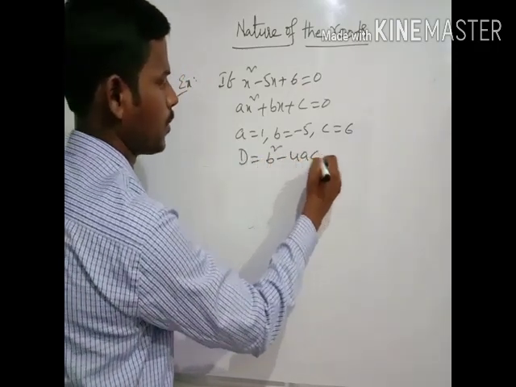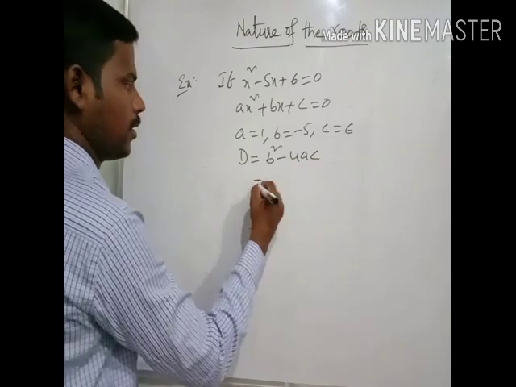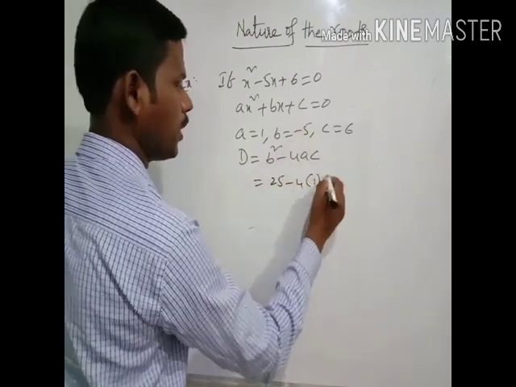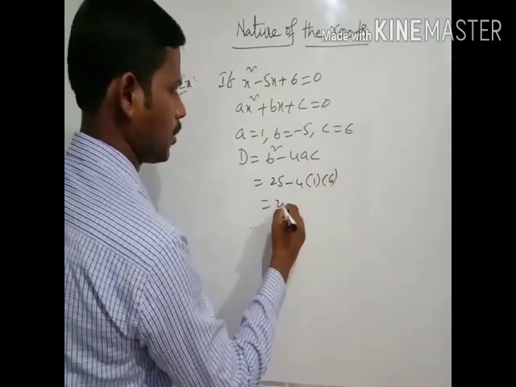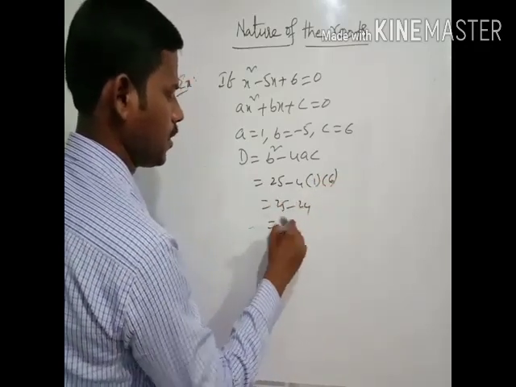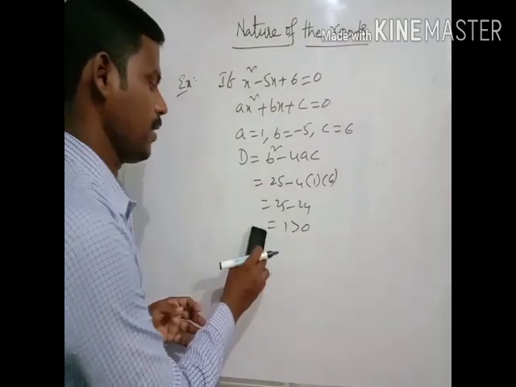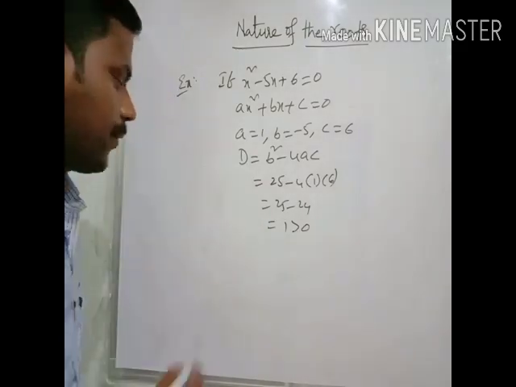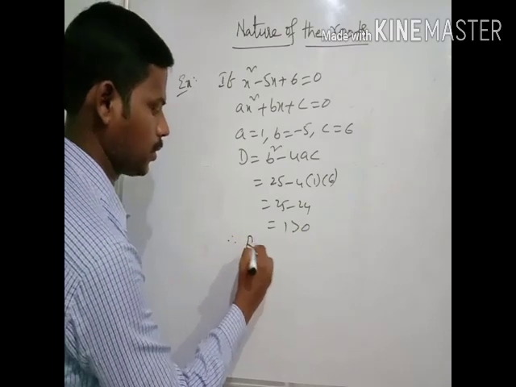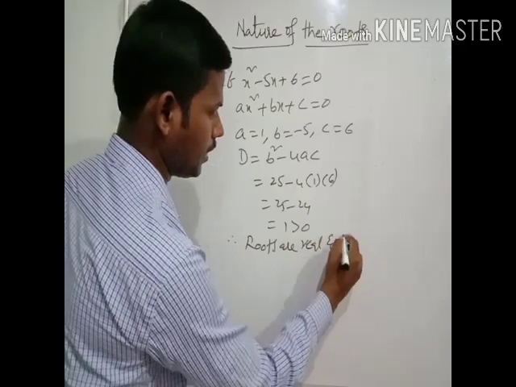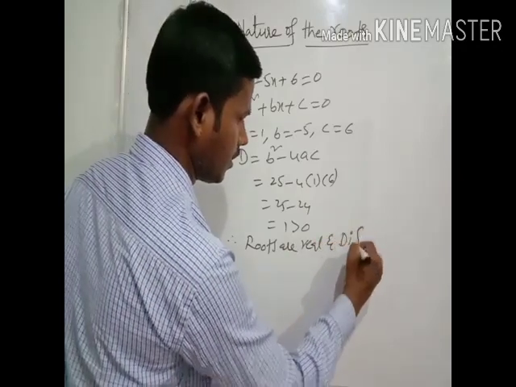D equal to b square minus 4ac. b square, minus 5 square, how much? 25 minus 4 into 1 into 6. So 25 minus 24 how much? 1. Here also the roots are real and different.